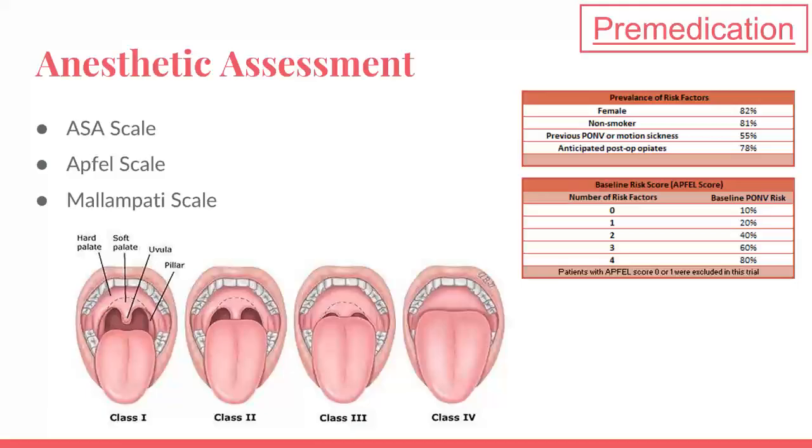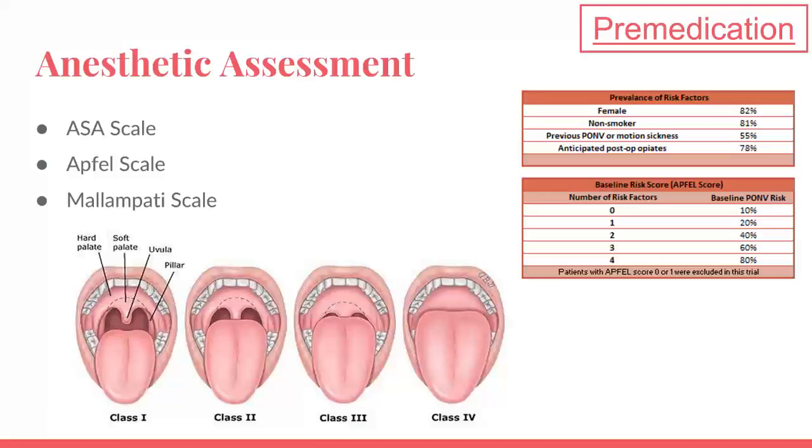The ASA scale seems to be the basic scale in anesthesiology. It is a scale developed by the American Society of Anesthesiologists. It is a 6-point scale where 1 indicates a completely healthy patient and 6 indicates a patient with brain death.